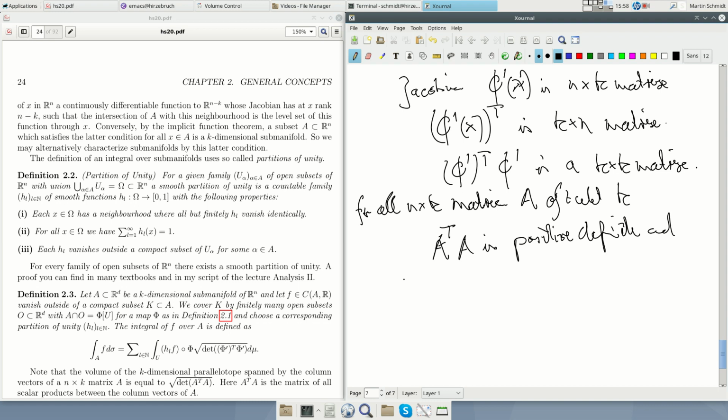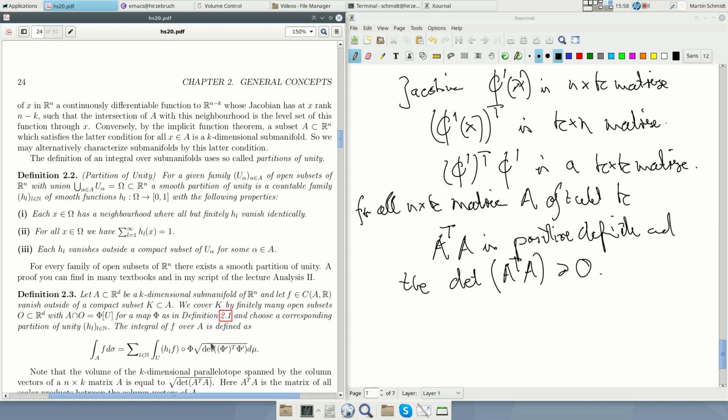And the determinant of A transposed A is larger than 0. So we can take the square root.